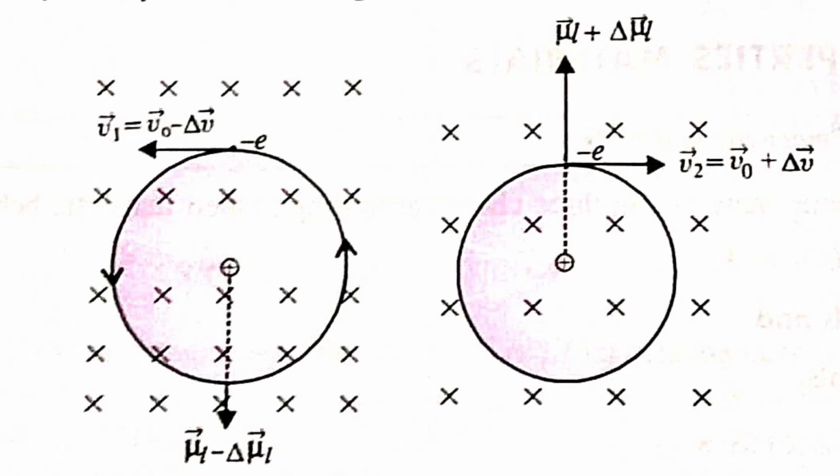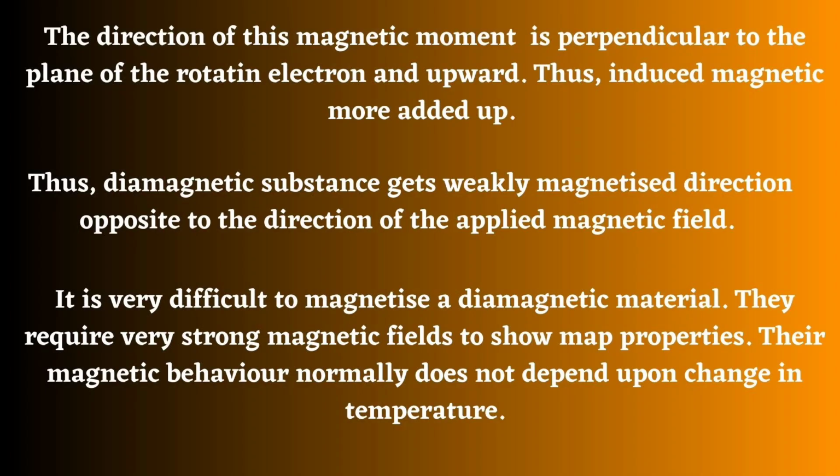Therefore, the magnetic moment of the electron moving with velocity v1 as in the picture decreases, and the magnetic moment of the electron moving with velocity v2 as shown in the picture increases. We calculate the net magnetic moment of an atom, and we observe that the direction of this net or induced magnetic moment is perpendicular to the plane of rotation of the electrons and upward.